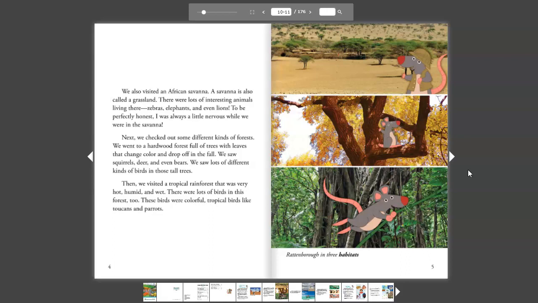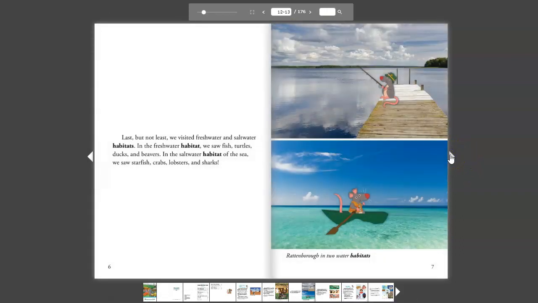There were lots of birds in this forest too. These birds were colorful, tropical birds like toucans and parrots. Last but not least, we visited freshwater and saltwater habitats. In the freshwater habitat, we saw fish, turtles, ducks, and beavers. In the saltwater habitat of the sea, we saw starfish, crabs, lobsters, and sharks.